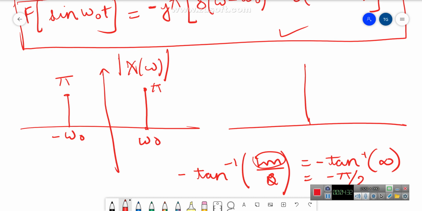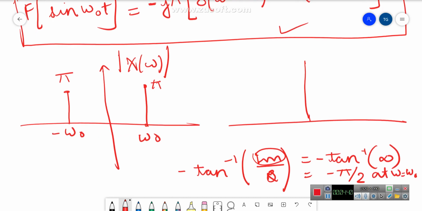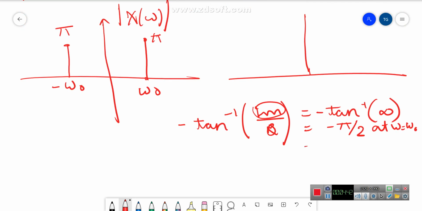So minus pi by 2 at omega equal to omega naught, and at the minus side it will be plus pi by 2, because the imaginary part value has the opposite sign at minus omega naught. So minus minus will become plus here.